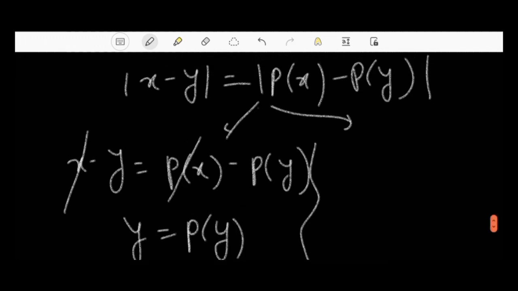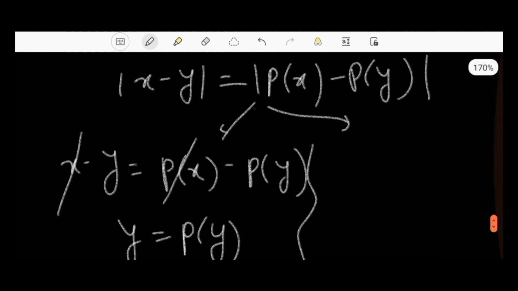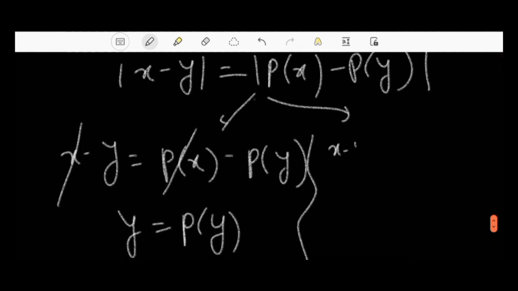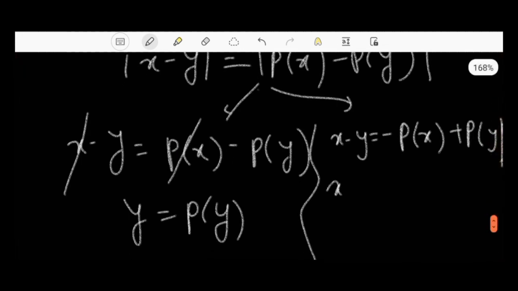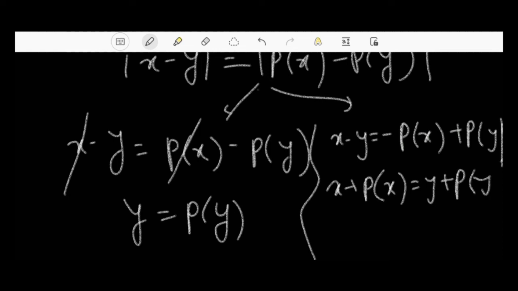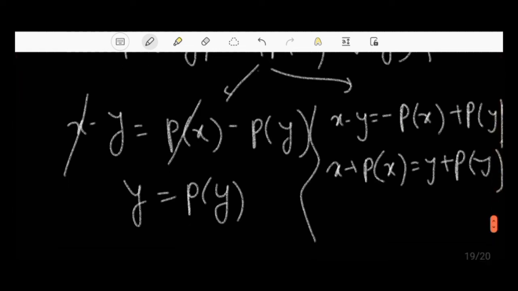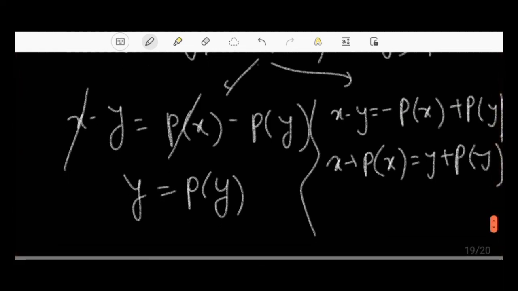And the second way to solve this is x minus y equals minus of P(x) minus P(y). So we can simply say that x plus P(x) equals y plus P(y). This is the second result that we obtain.